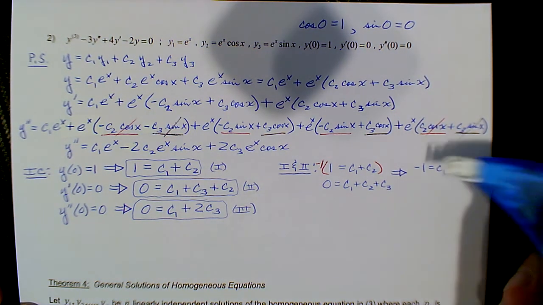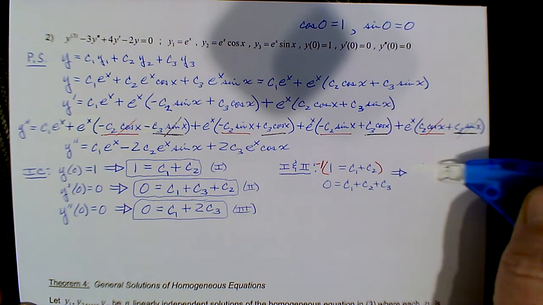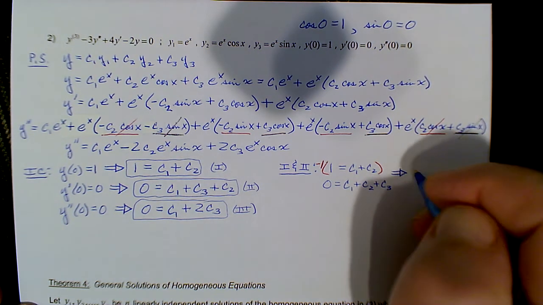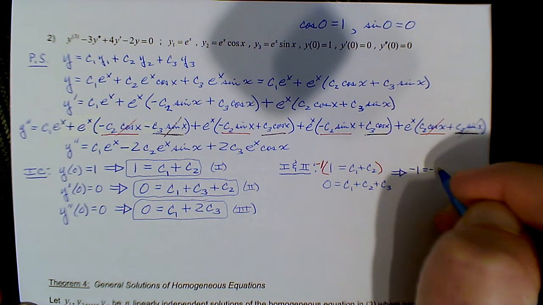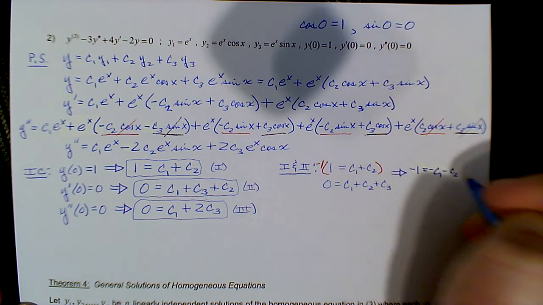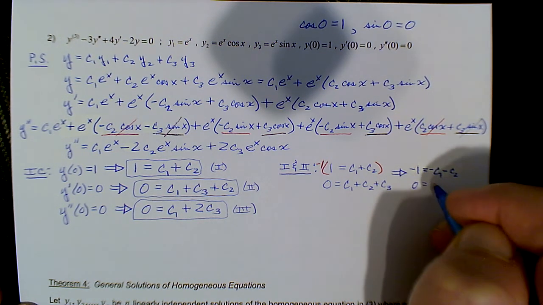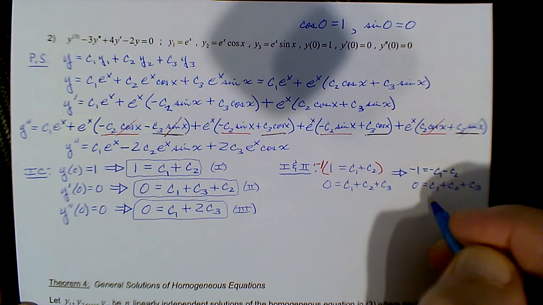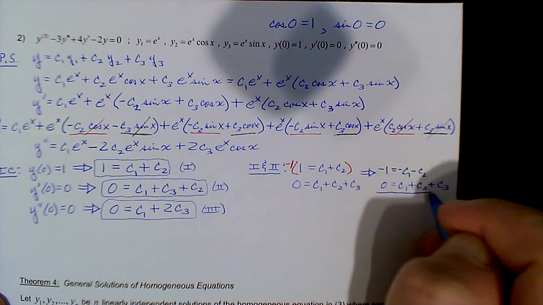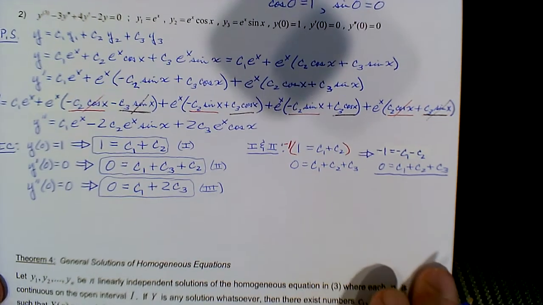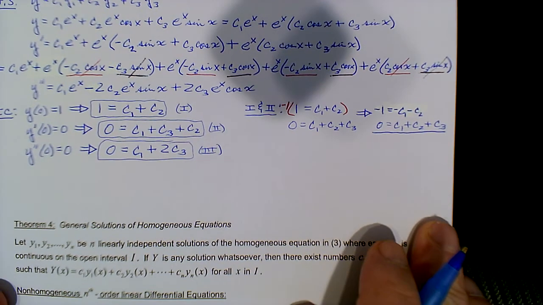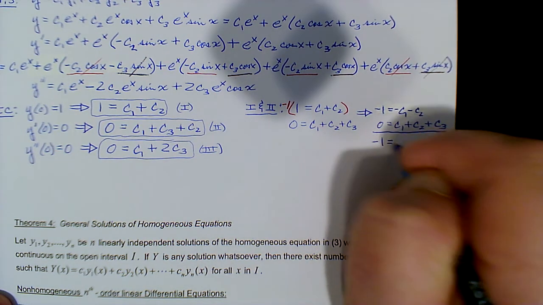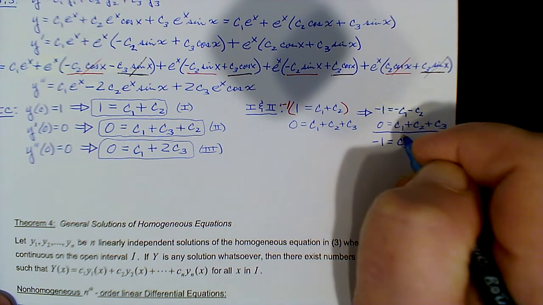You could solve them any way you like, as I said before. But now we get -1 is minus C1 minus C2, and line up 0 equals C1 plus C2 plus C3. So now what happens is the C1 and the C2 actually cancel out, and we just get -1 equals C3.